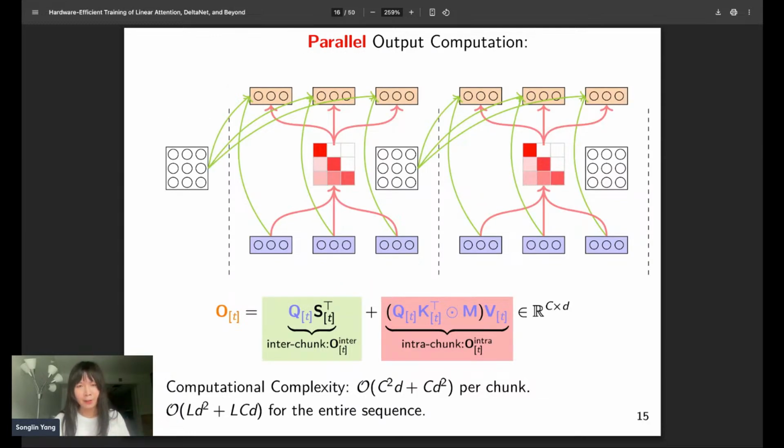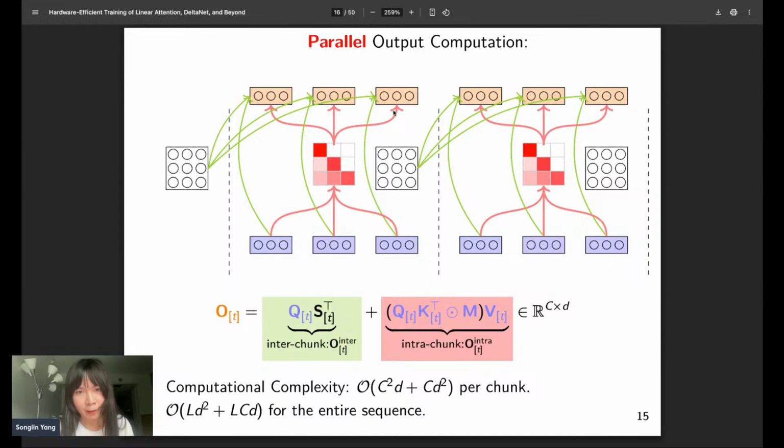For the output computation, like we mentioned before, we have two sources of contribution. The first is the historical context, which was summarized into the last chunk's hidden state. So for these chunks, we can leverage the recurrent form. For each query, we can attend to this recurrent state to obtain the output.